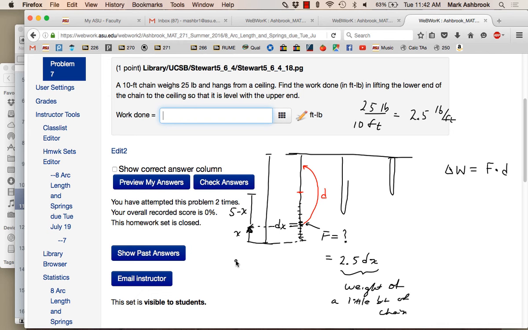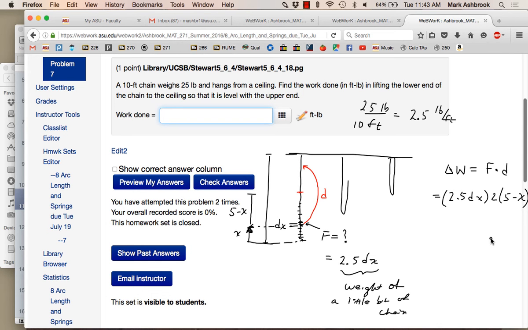Do you see that? 5 minus x will take our little bit of chain to the halfway point, and then you got to do that again for its final position. So the little bit of work is the little bit of weight of the chain times the distance it's got to go. And that distance it's going to go is 2 times 5 minus x. So now we're using dx in a different way.